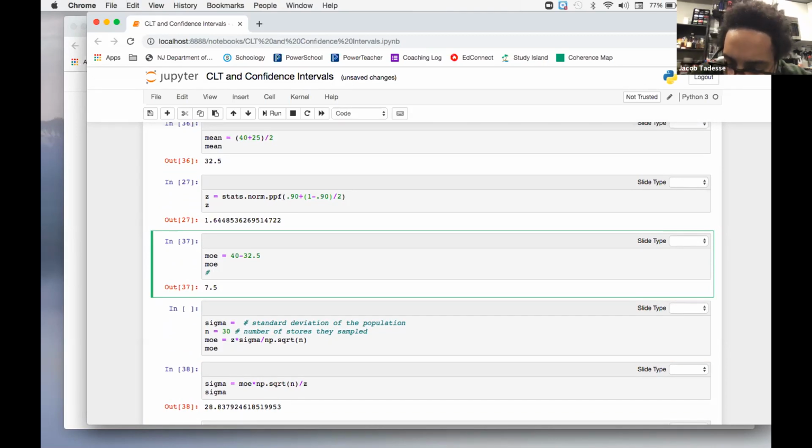Let me try this. So the margin of error, once again, is the distance from the mean, from one interval to the next, right? So right.